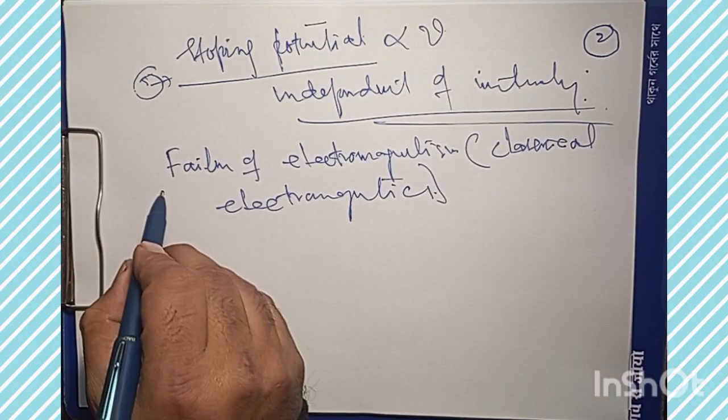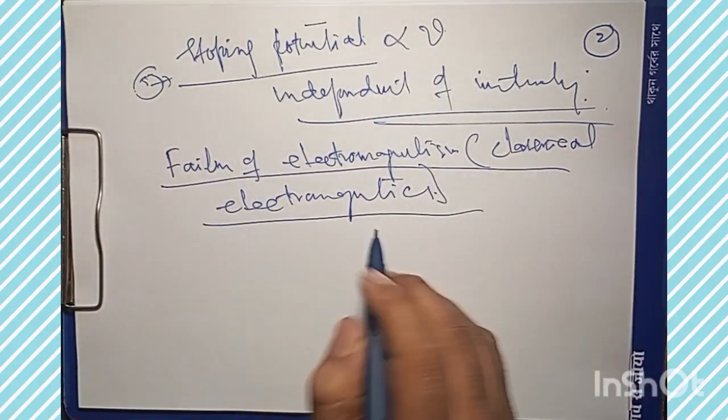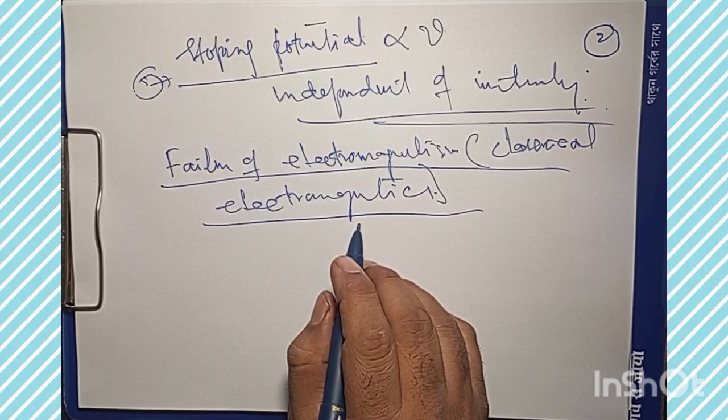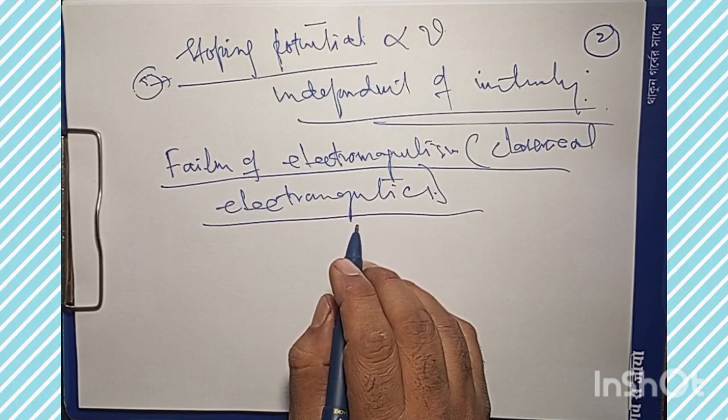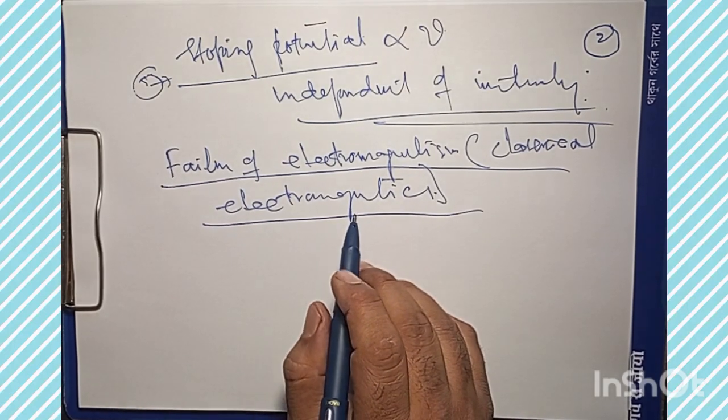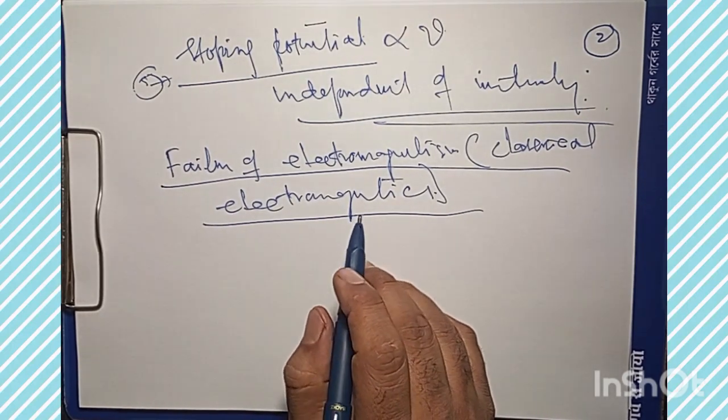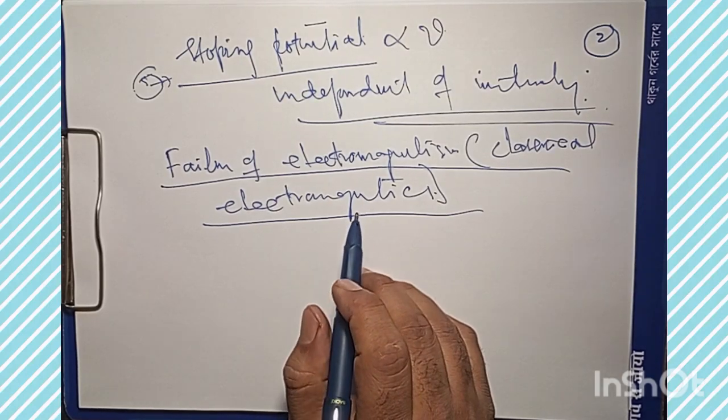So now let us discuss the inadequacies that the classical theory has in explaining what we have observed in the photoelectric effect experiment.